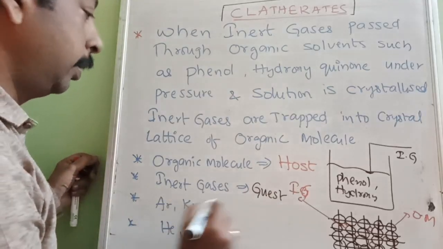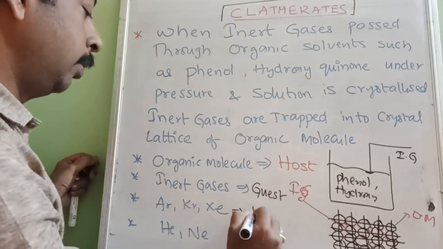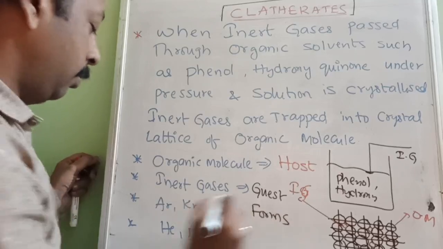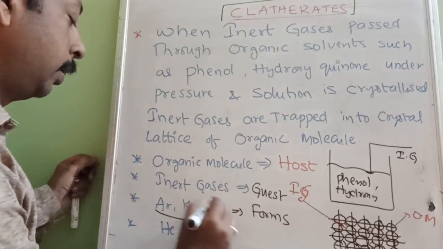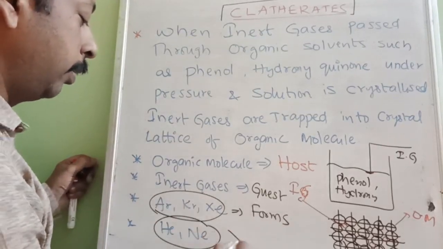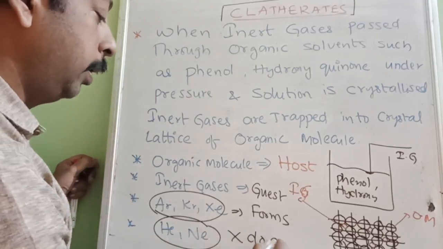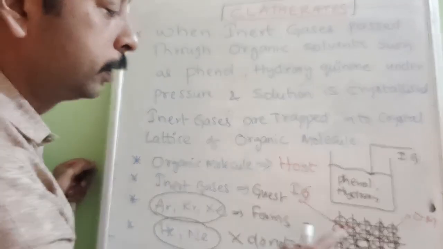Next, these types of compounds are formed by only argon, krypton, and xenon. These are the three gases which can form them, and helium and neon do not form. Why do they not form? Because they are the smallest.